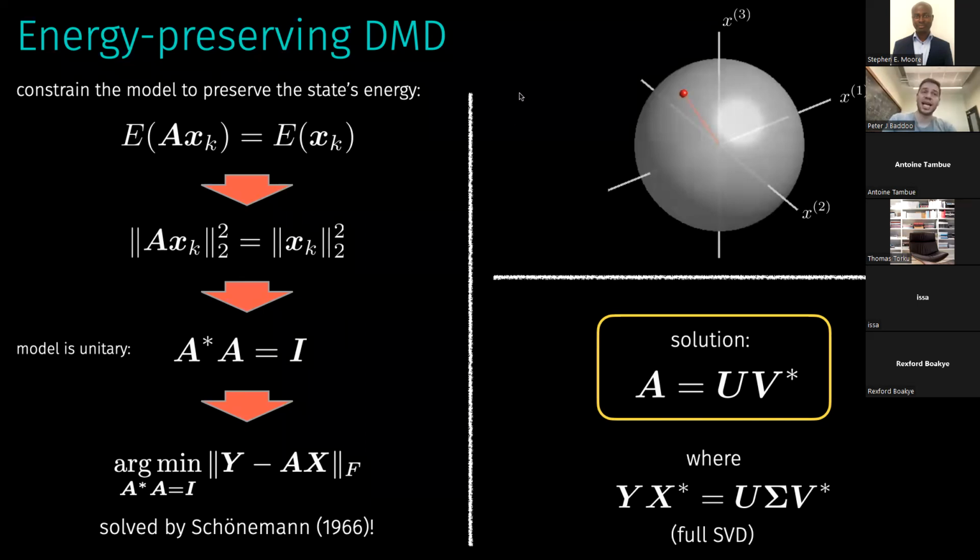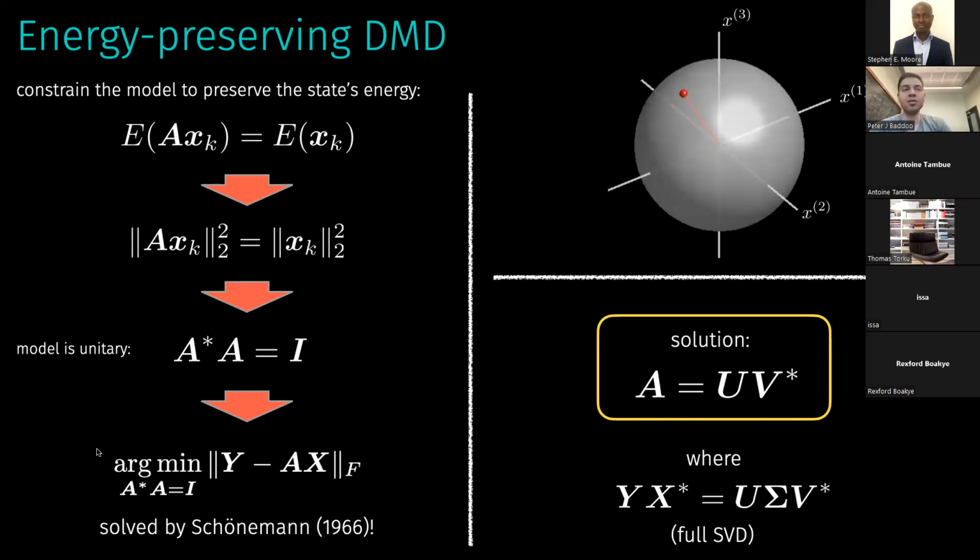And in matrix language, that means that this model A is unitary. So the transpose of A times A is just the identity. The columns and rows of A are orthogonal vectors. And this minimization problem is called the orthogonal Procrustes problem, and it was solved back in the 60s.